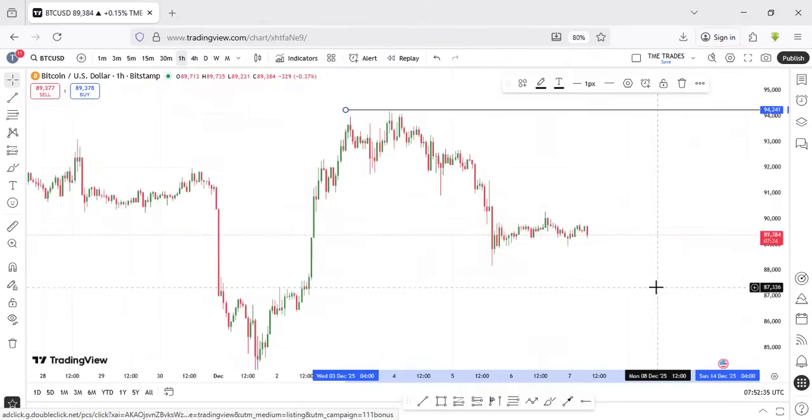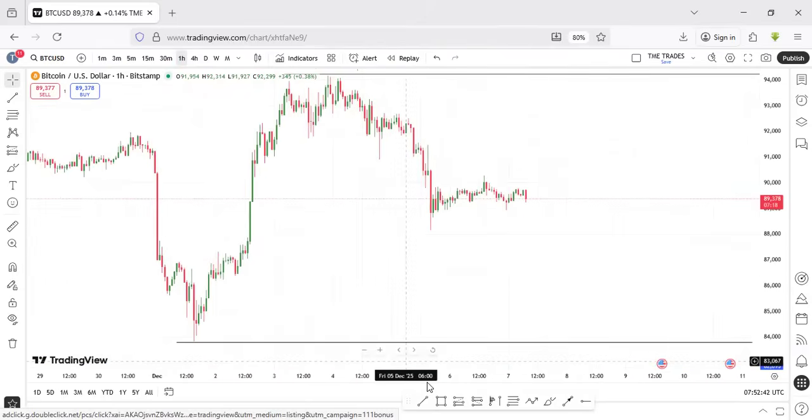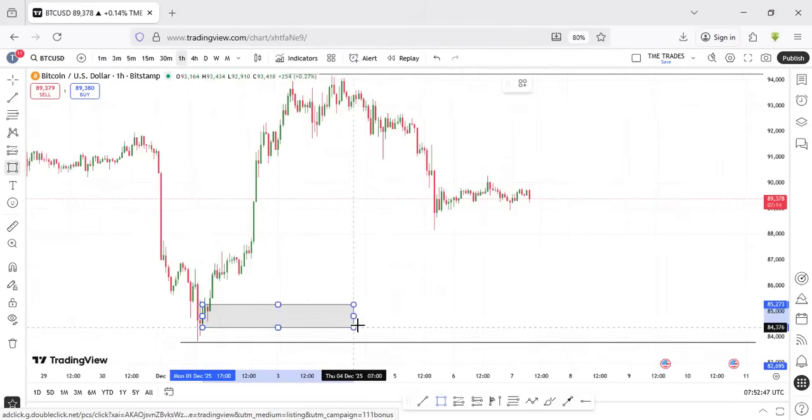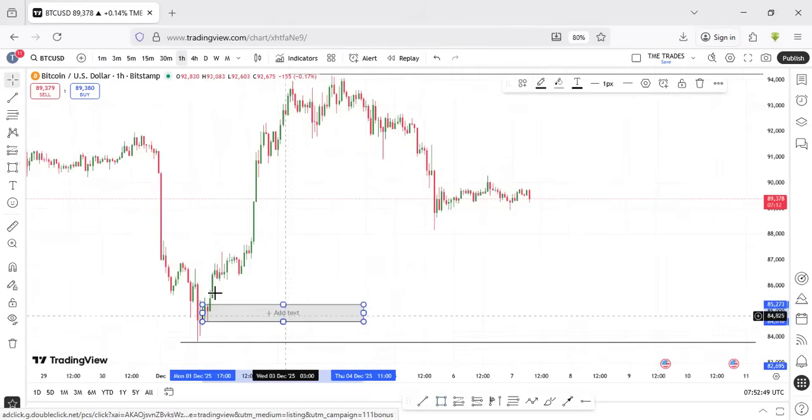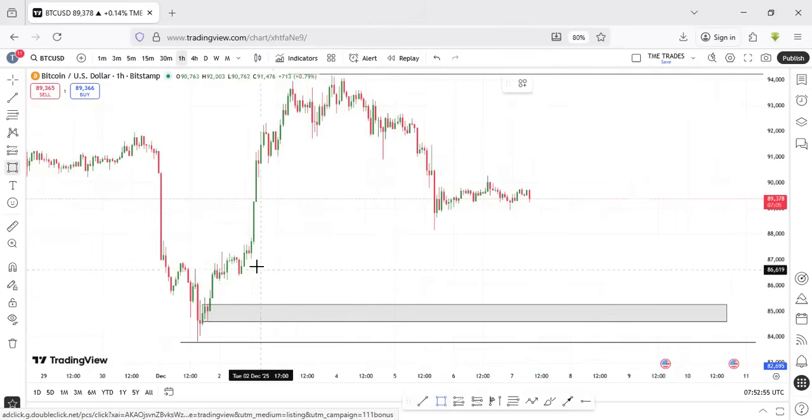Now on 1 hour, we can see that we have this particular place. We have a very good order block at this particular place, right? As you can see, with this very good gap there, let's have it. Then we have another one.